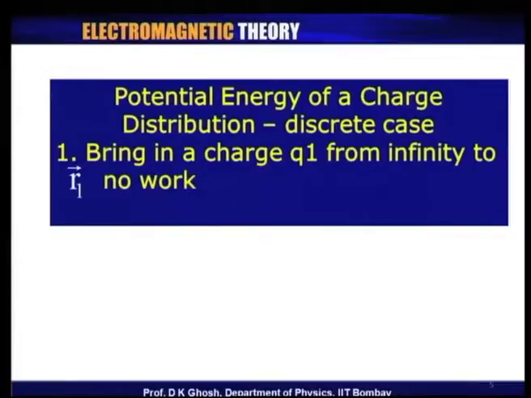Let us look at it a little more quantitatively. To do that, I would take a collection of discrete charges, and suppose I bring in charges such that my final configuration is that the charge q 1 is at the position r 1, a charge q 2 is at the position r 2, etc. How do I calculate the potential energy of such a configuration?